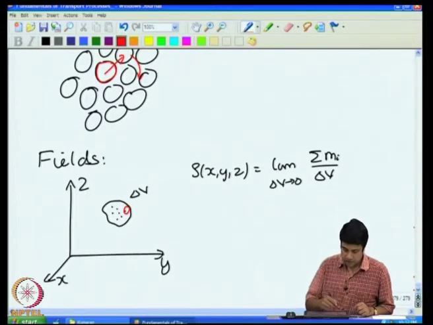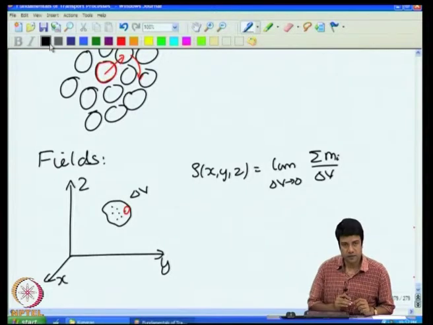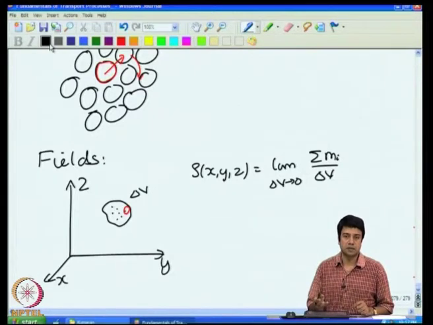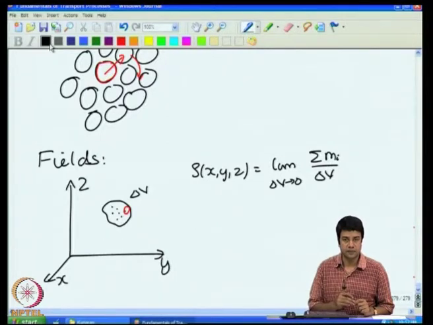The differential volume that I consider has to be large compared to the molecular volume in order for this definition to make sense. So that I have a large number of molecules within this differential volume, and it does not really matter whether one comes in or goes out. This makes only a small change to the total number of molecules within the system.